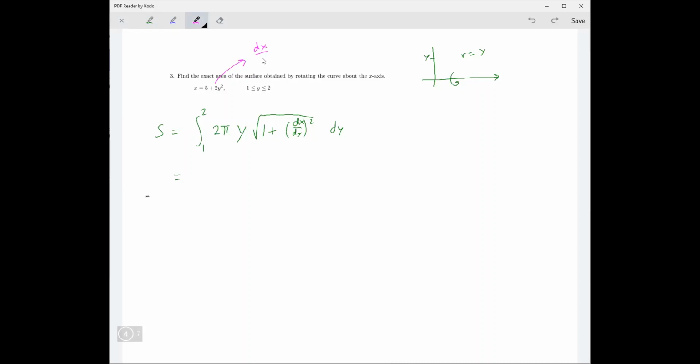So dx/dy, okay, differentiate this with respect to y. The derivative of this is 4y. So dx/dy squared is going to be 16y squared.